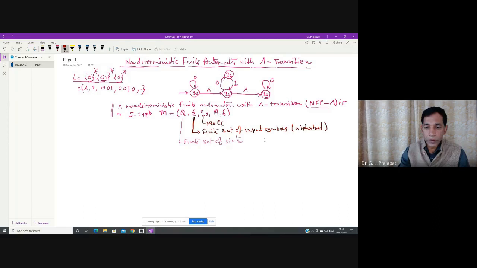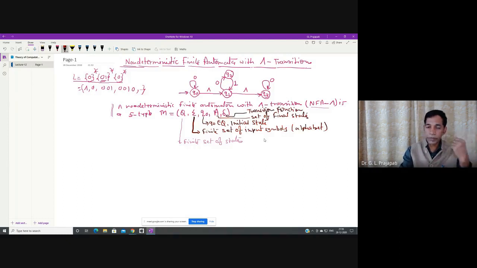This Q0 belongs to Q. This is the initial state. A is the set of final states. And delta is what? Delta is the transition function.